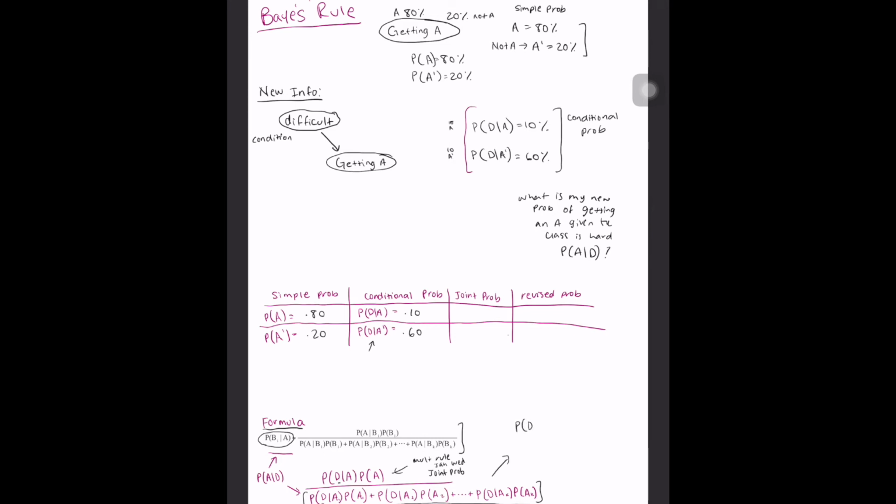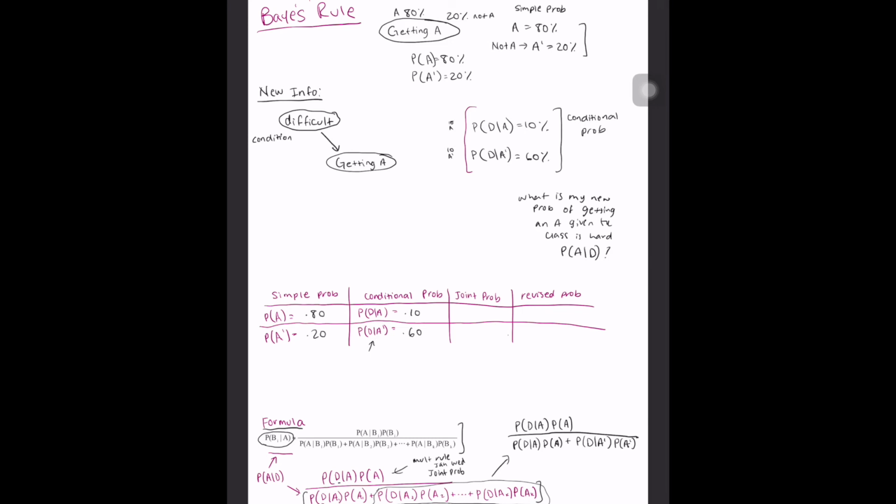Probability of D, so this is the joint probability of it being difficult and you getting an A. And then we see that again here. And now we took all this and lumped it into probability of D given A prime, probability of A prime.